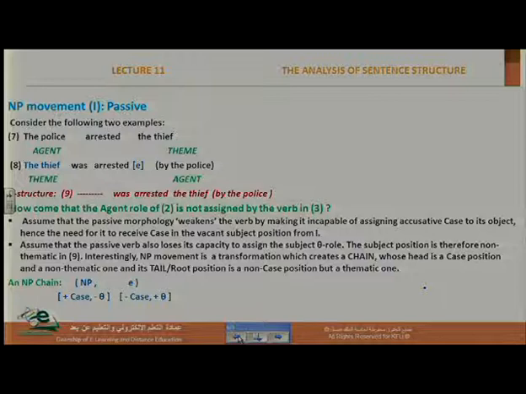How is it weak? Well, we assume that the passive morphology weakens the verb by making it incapable of assigning accusative case. The first thing is that we will see that the noun phrase, the thief, here, cannot receive its case from arrest.